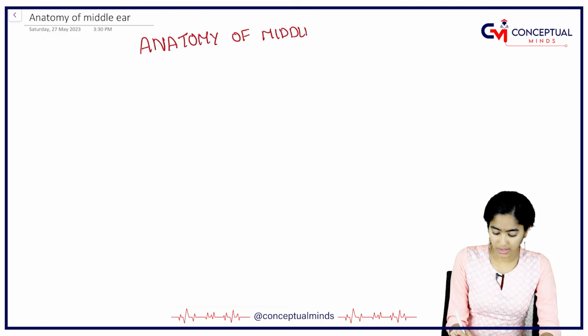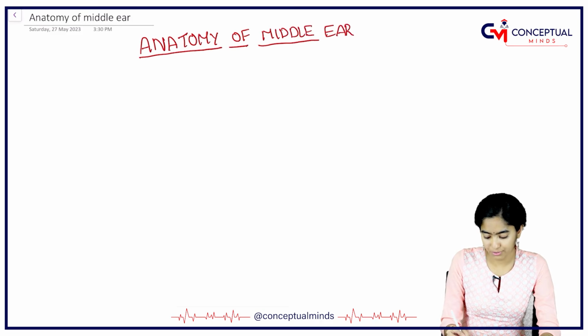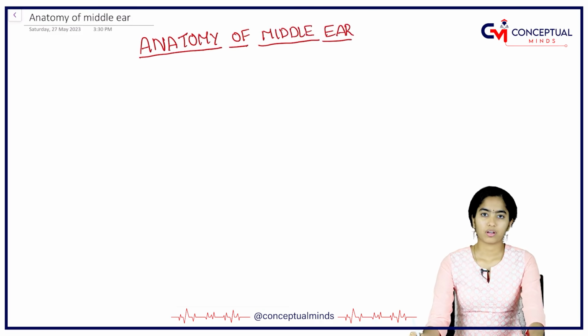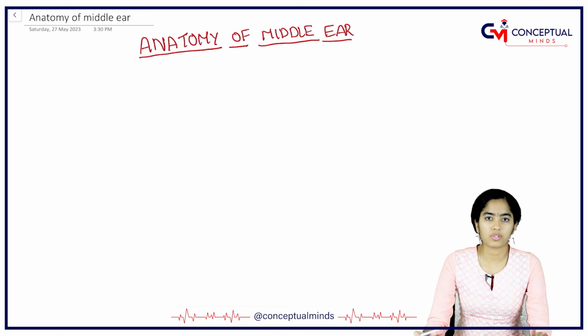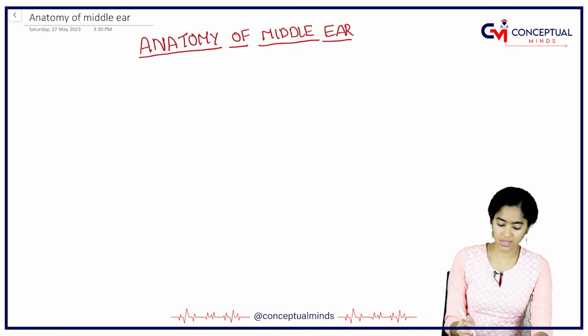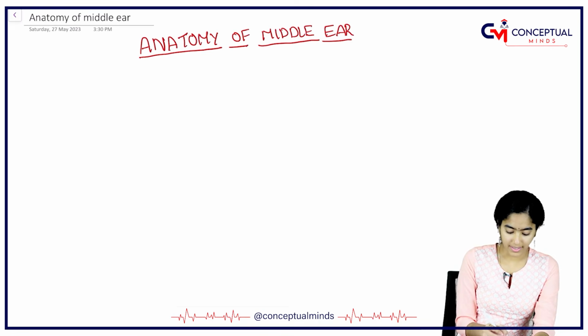Before we proceed any further into the topic, you should understand two terms, middle ear cleft and middle ear. They're sometimes used synonymously, but no, they both are two different terms. Let us see.